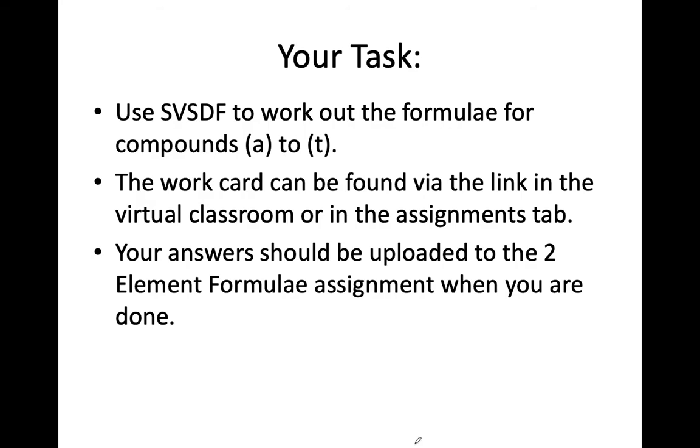Your answers should be uploaded to the assignment when you are done, and you can upload them as images of pictures from your jotter, or you can write your answers in Microsoft Word.